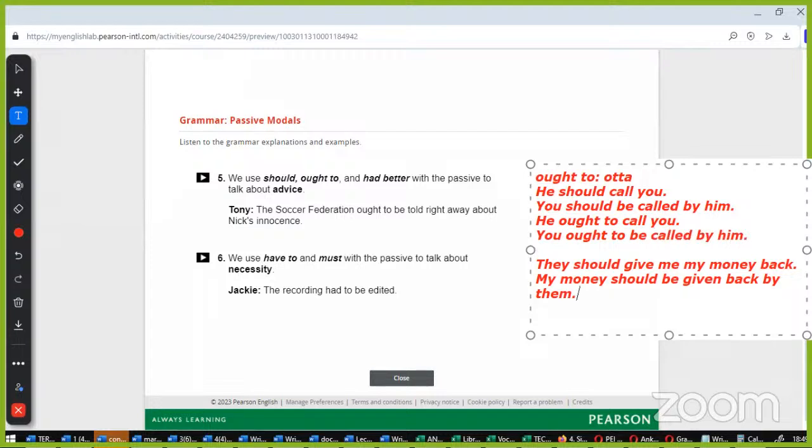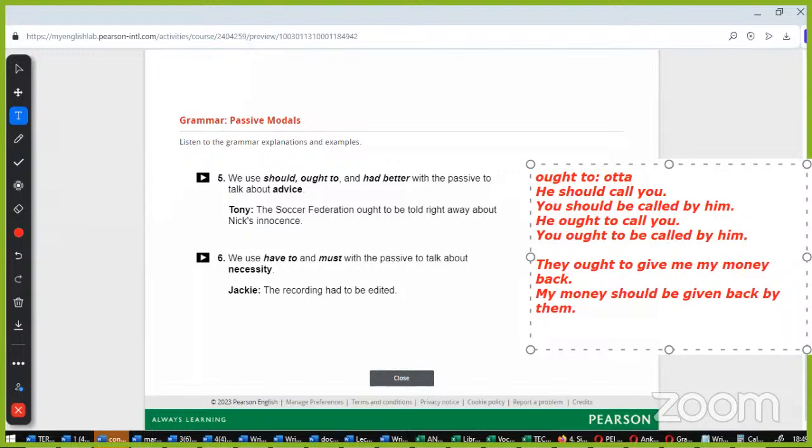Great. And if I said they ought to give me my money back, my money ought to be given back by them. The form is the same.